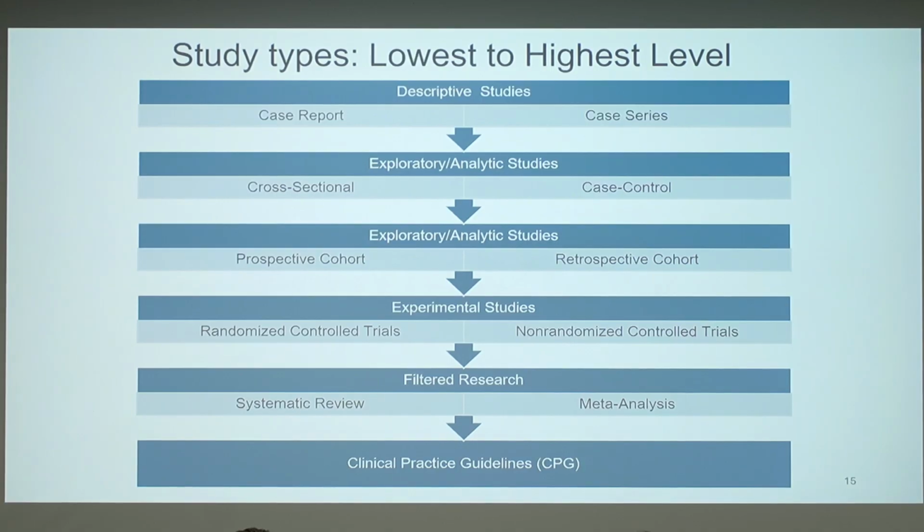In terms of lowest to highest synthesis of research, this is a ladder, but it's going down instead of up. So we start with descriptive studies, case report and case series studies. These studies are used to identify unique situations in unique conditions.